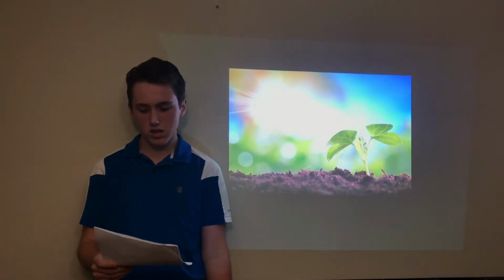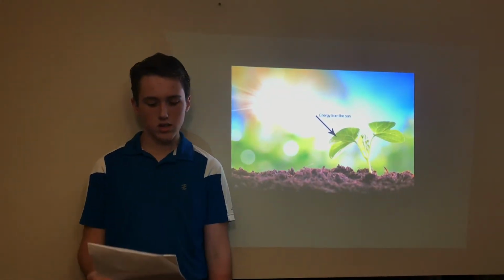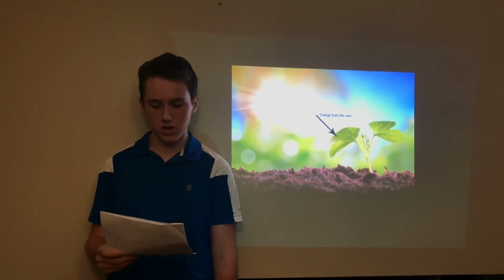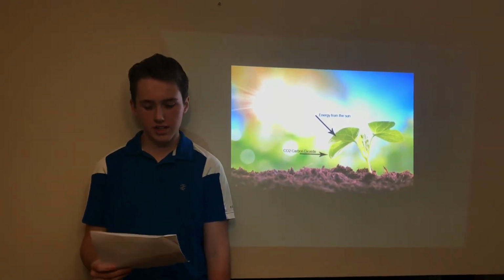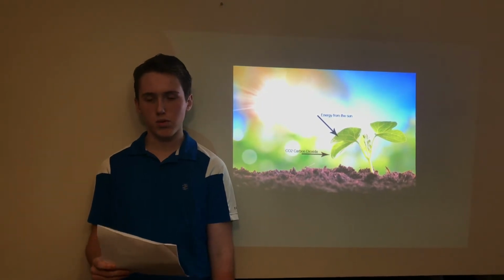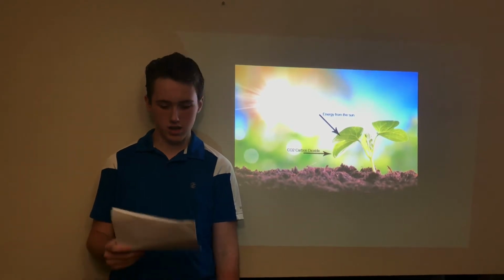Here is the process of photosynthesis. First, sunlight is absorbed by chlorophyll in the leaves. Then, carbon dioxide from the air passes through small pores in the leaves. These pores are called stomata.